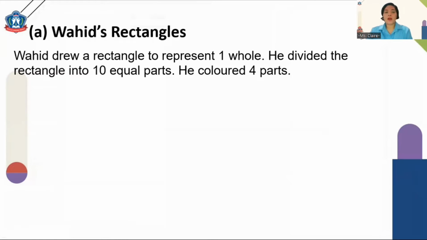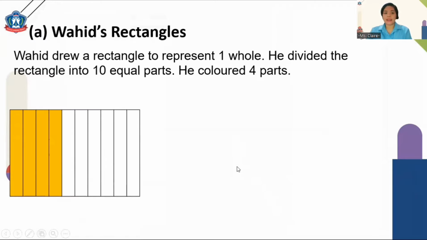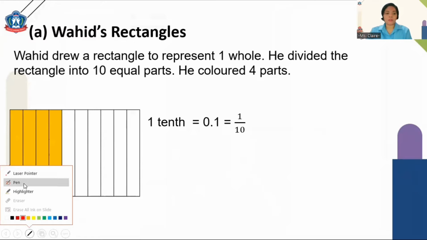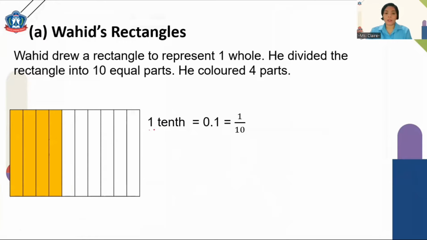Okay, let's study Wahid's rectangles. Wahid draws a rectangle to represent one whole. He divided the rectangle into 10 equal parts. He colored 4 parts like this. So this rectangle is divided into 10. The 4 parts are colored with gold. Now, one part of the 10 is what we call 1/10. We can write this as 0.1 or as a fraction 1/10.